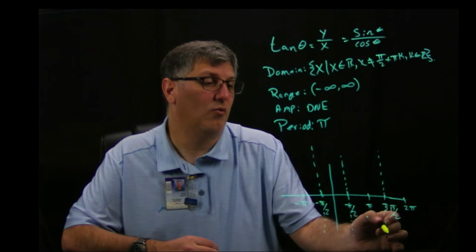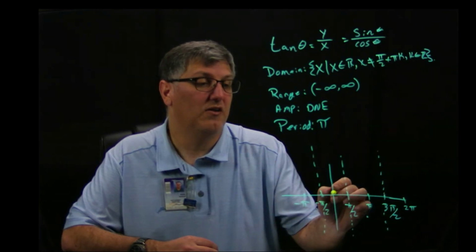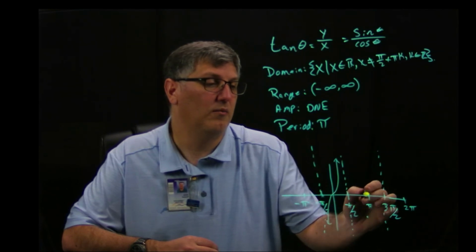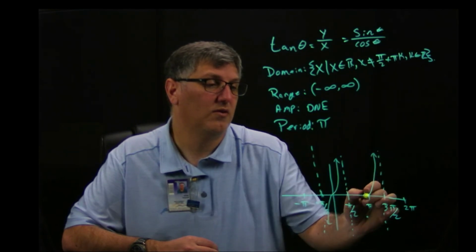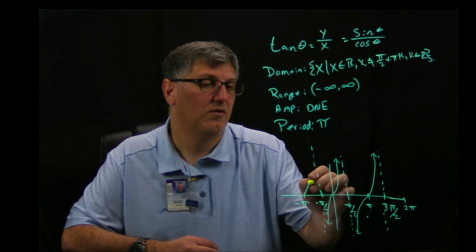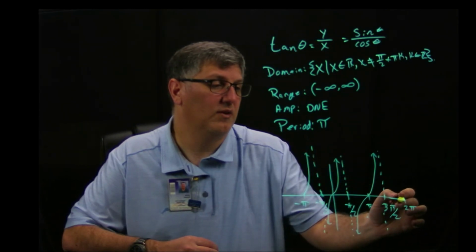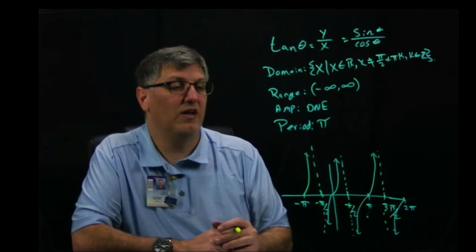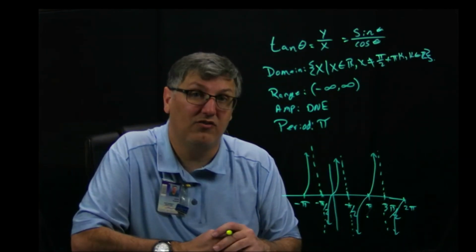Cosine is 0 on your y-axis. And then from here, it's going to look like a cubic function sandwiched between my asymptotes. So ladies and gentlemen, that is the graph of tangent. It keeps going on forever and ever and ever. So that's the graph of tangent.